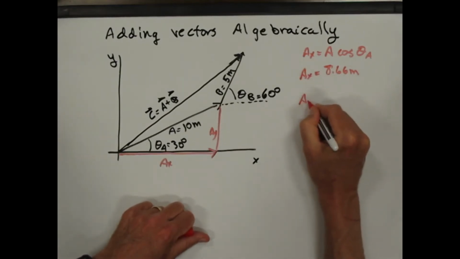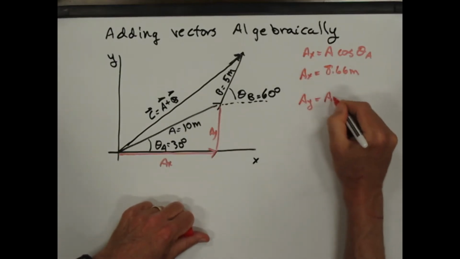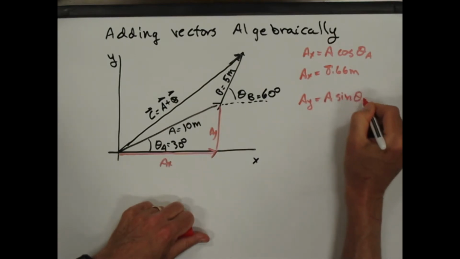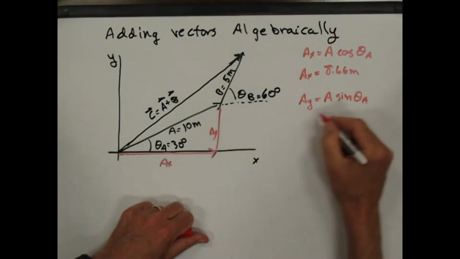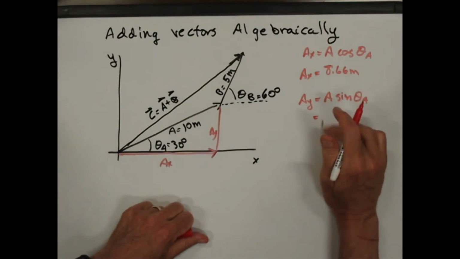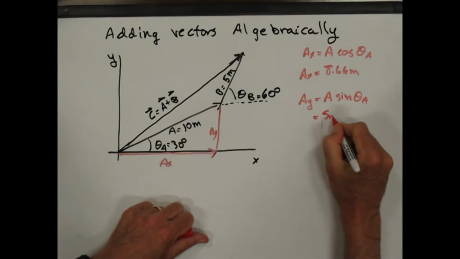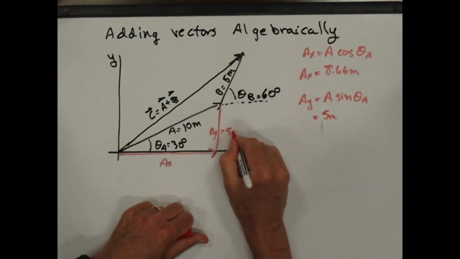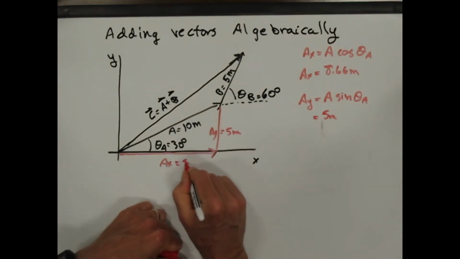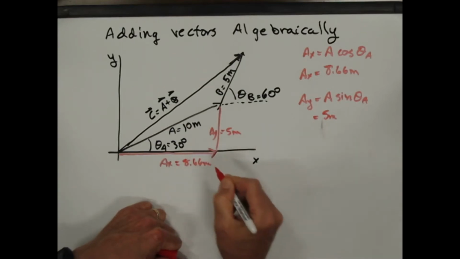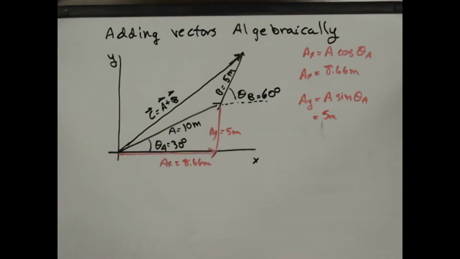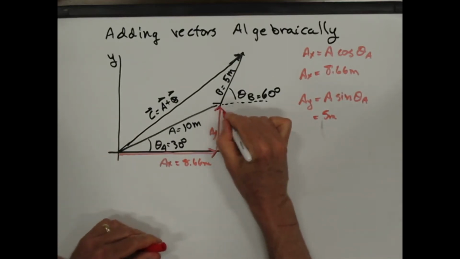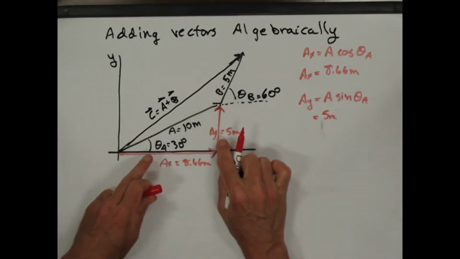Similarly, A sub y is equal to A sine of theta A, so it's equal to 10 meters times the sine of 30 degrees, which is 5 meters. And so this is 5 meters, and this is 8.66 meters. Anytime I want, I'm free to replace A with the sum of these two vectors.